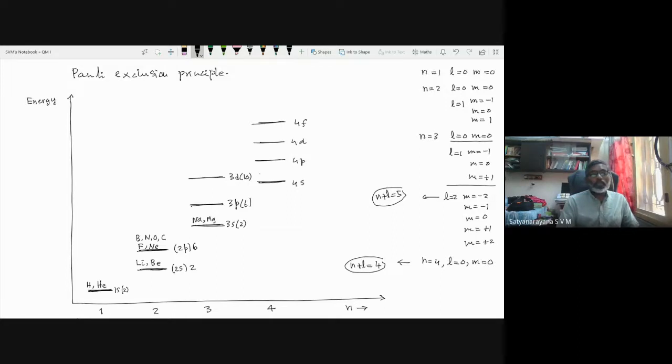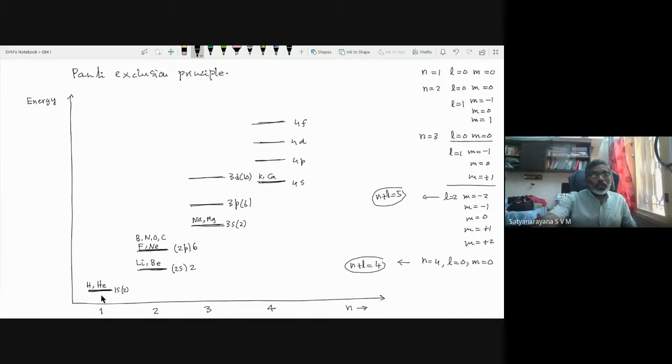Okay, so potassium and calcium will occupy 4s rather than 3d. After calcium only your transition elements will start. Okay, so like this n plus L rule will play a role in other things also, like compared to 4d you have 5s is a lower energy and things like that. So the periodic table can be built in this particular fashion.